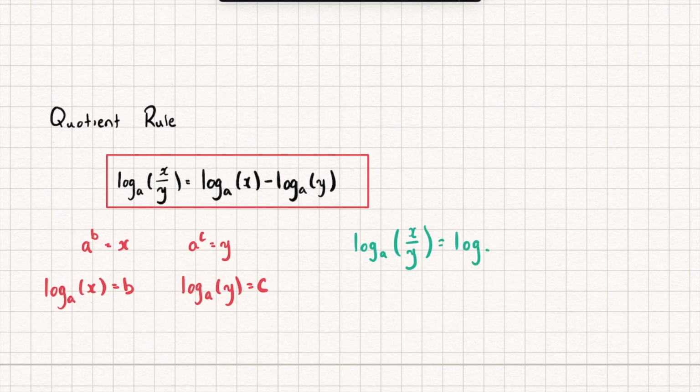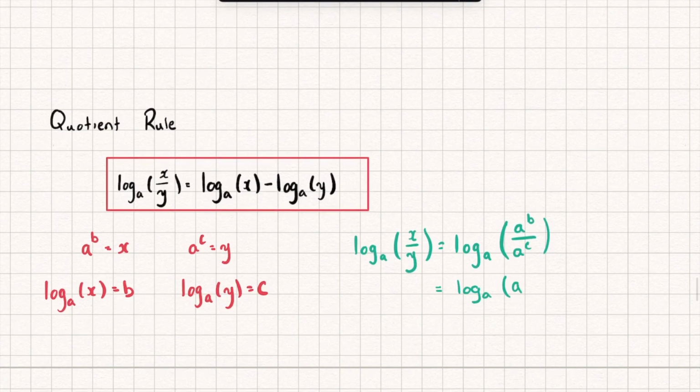So now I've got log base a of a to the power of b over a to the power of c. Again, using my laws of indices, if I've got two bases which are the same and I'm dividing them, then I just subtract the powers. So this goes to a to the power of b minus c. Again, this statement just says, what do I put a to the power of to give me an answer of a to the power of b minus c?